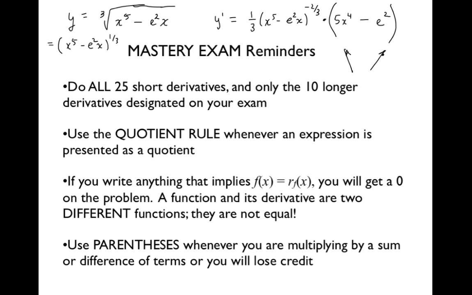Lots of you, if past experience proves right, have this habit of leaving off those parentheses. This is a big problem. If you leave off those parentheses, you wrote down a different function than the right rate of change function, because you're going to multiply first and then subtract e squared. We need to multiply by that whole quantity. So watch out for that.